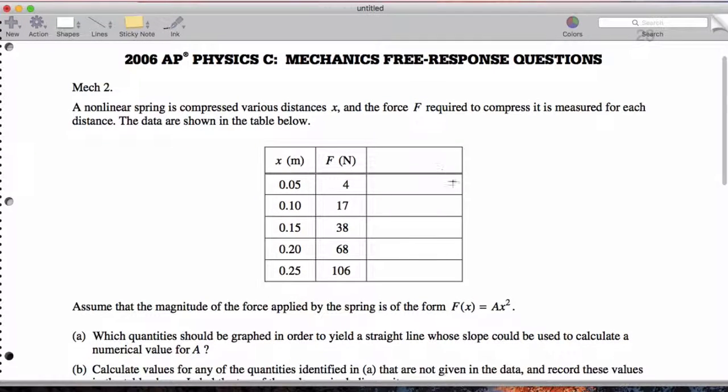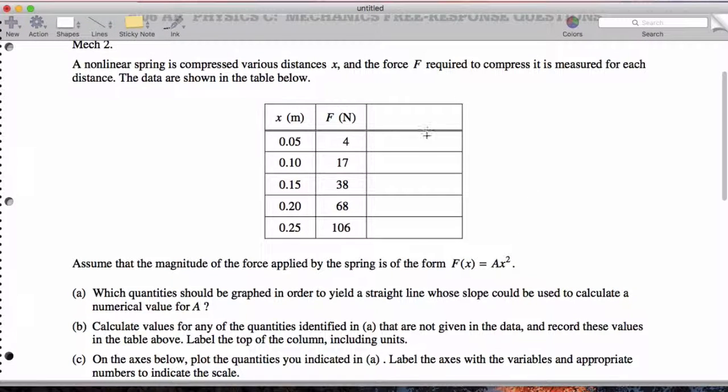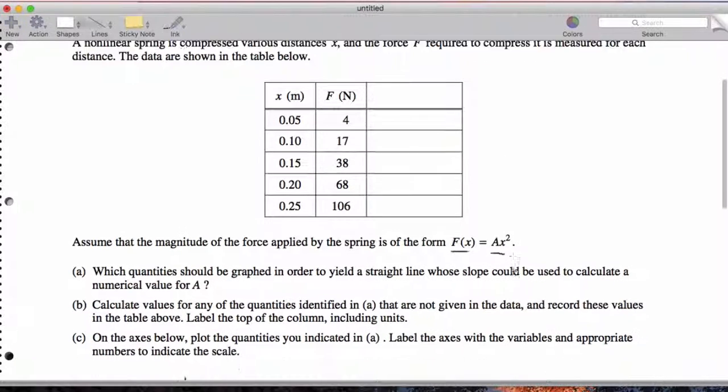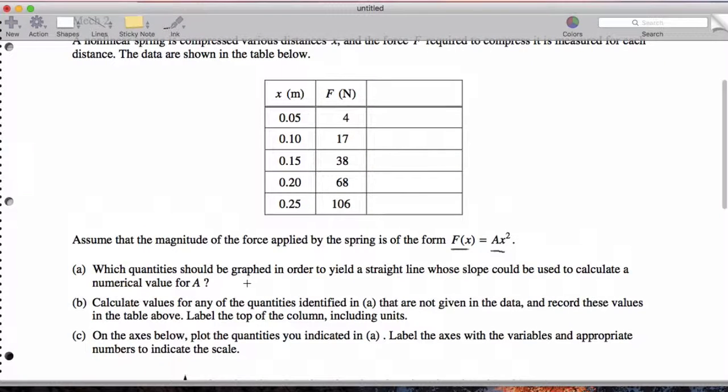So here we have a nonlinear spring, and so what that means is we're assuming that the force has this form, and we want to know what quantities we could graph in order to yield a straight line with a slope A. So if we graph F on the y-axis versus x squared on the horizontal axis, the slope would equal capital A. So what we can actually do then is just go ahead and fill in the table that way.